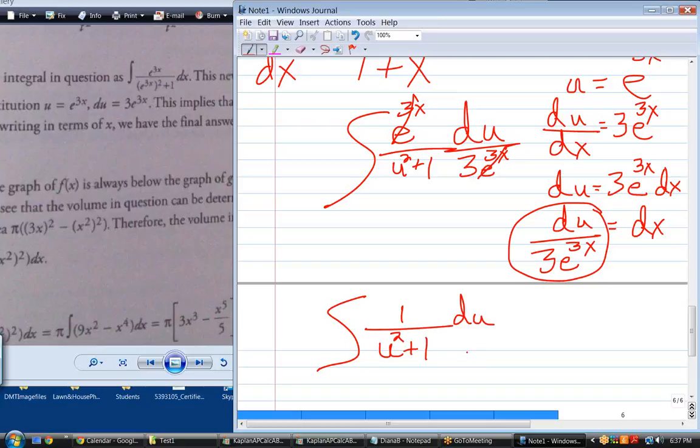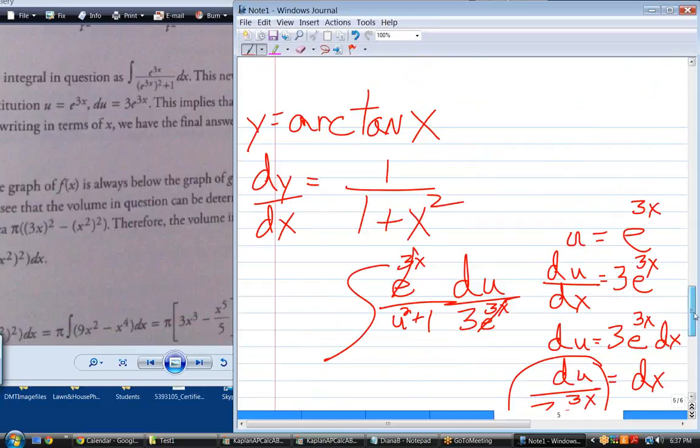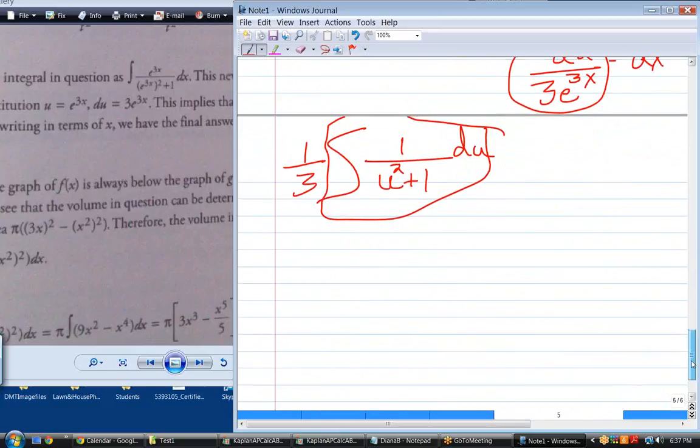I still have a 3 down here. I'm going to take that 3 out of the integral like that. Just see how I got to this step. Yes. Okay. What's the integral of this? Arctangent? Arctangent.